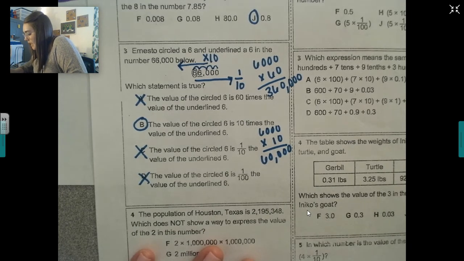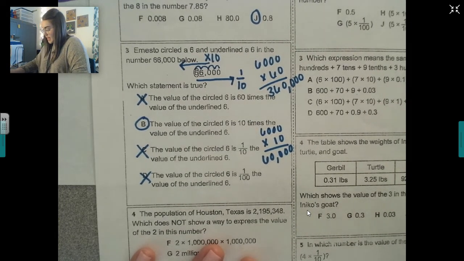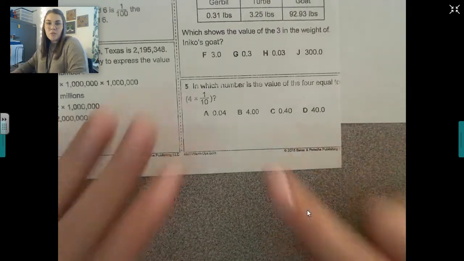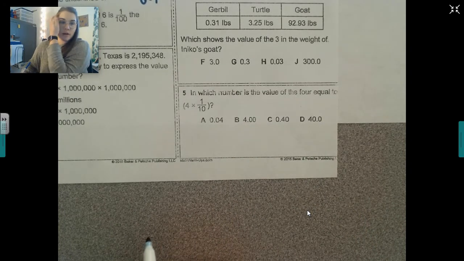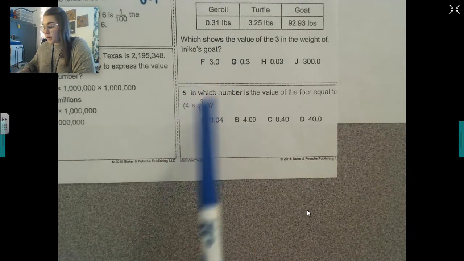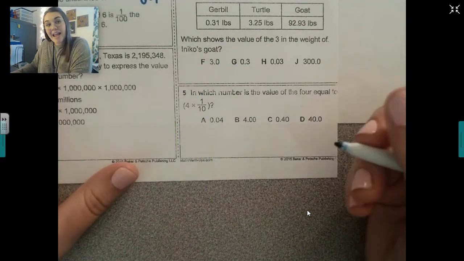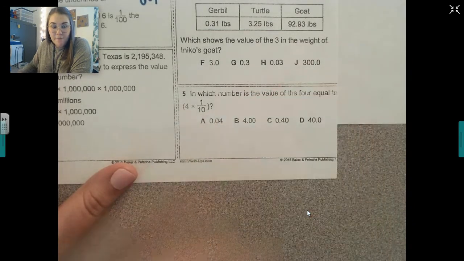Okay, let's look at this one. In which number is the value of the 4 equal to 4 times 1/10? Remember, I told you 4 times 1/10 is the same as saying 4/10. That's the same thing, 4/10.